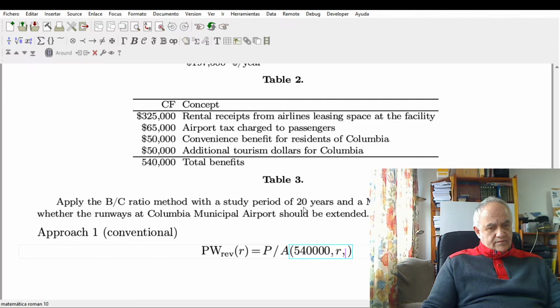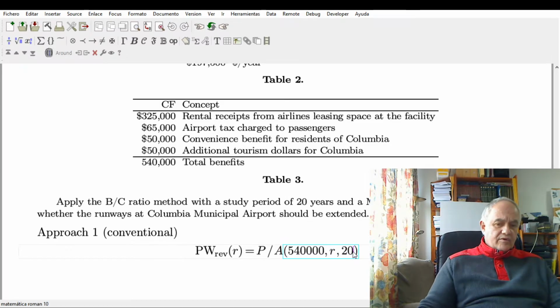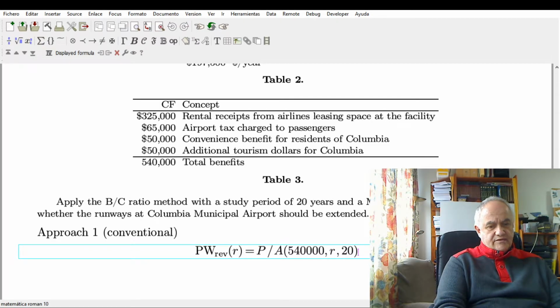Okay, 20 years. I keep the rate of discount as a parameter because I will use it later.